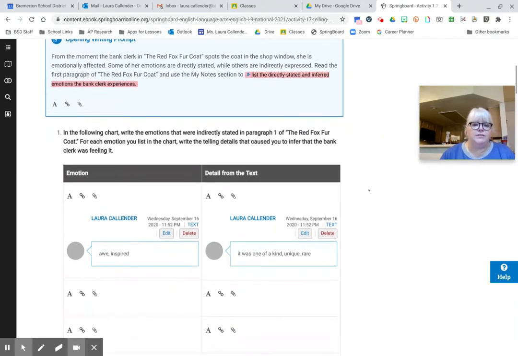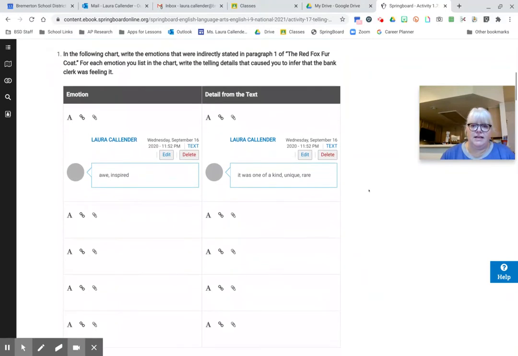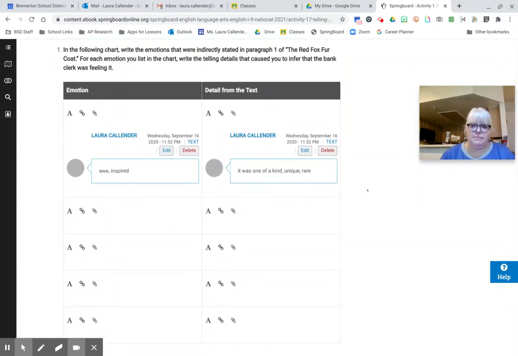So it asks you to find the ones that you had to infer, put them in the left-hand column under emotion, and then provide evidence, the detail from the text that led you to that inference or conclusion. You can see I've done one for you.